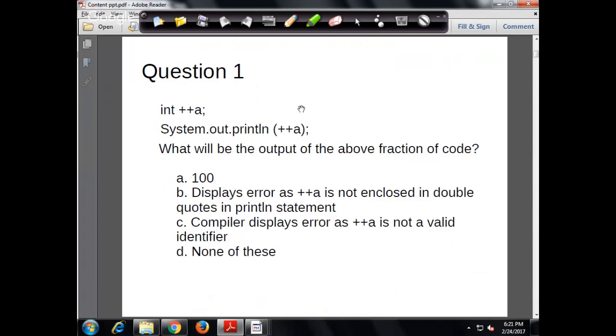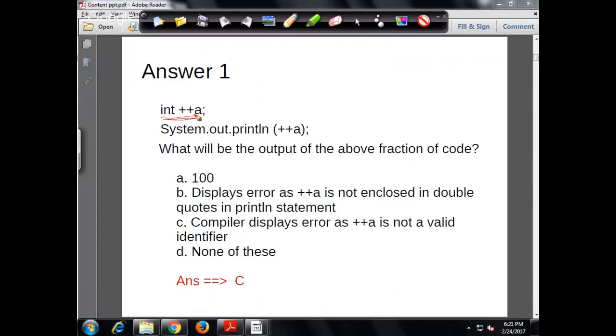Okay, so I'm going to give the answer of this question. The answer is C, which is compiler is going to display an error. If you see over here, this declaration of the variable a, which says int plus plus a, is not right.